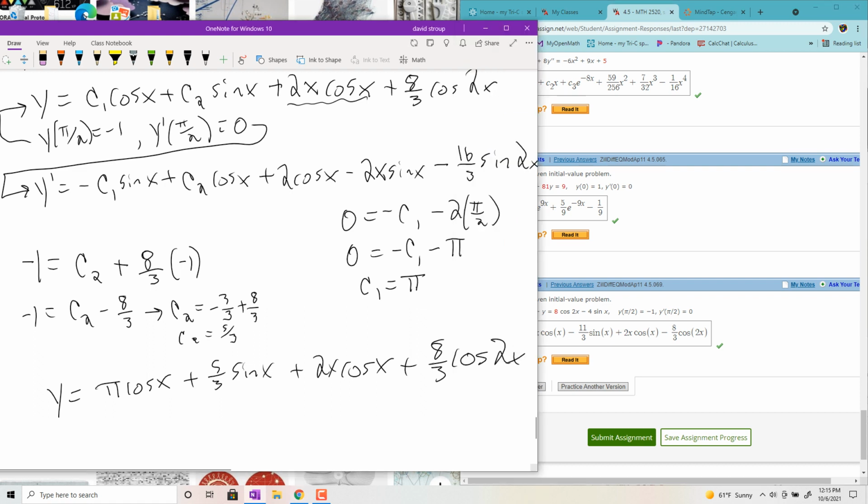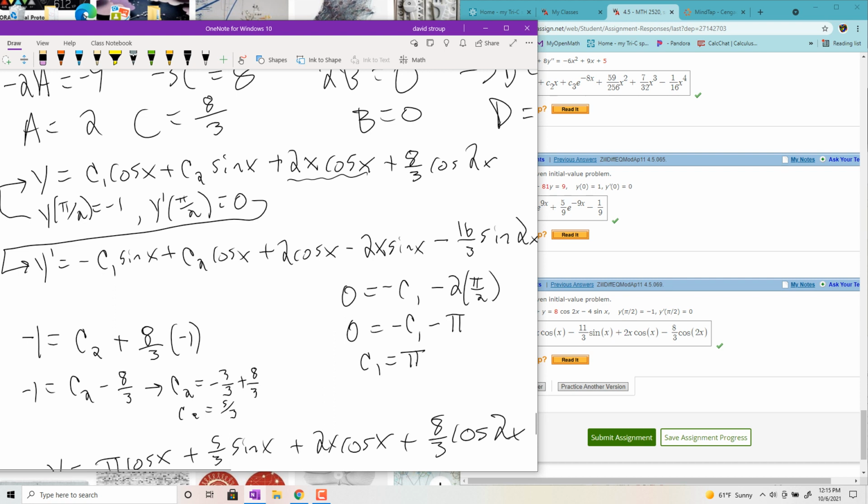Cosine, sine of pi over 2 is positive. And what happened? Sine of pi over 2 is positive 1, and then this would be 0, and then you'd have 8/3 times cosine.